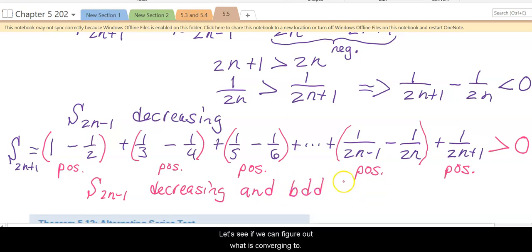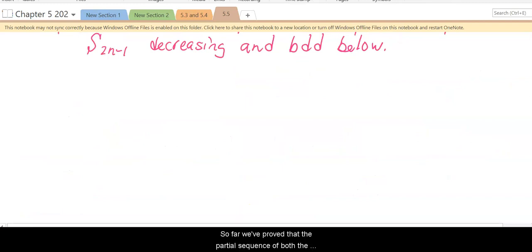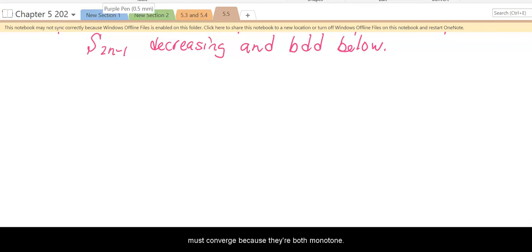Let's see if we can figure out what it is converging to. So far, we've proved that the partial sequence of both the even terms and the partial sequence of the odd terms must converge because they're both monotone and bounded. What we haven't shown is that they converge to the same place.